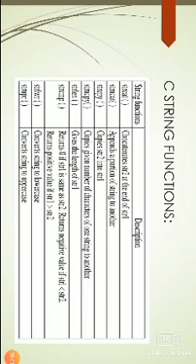If it returns a negative value, string 1 is less than string 2. It returns a positive value if string 1 is greater than string 2. So in string compare there are three values, that is 0, a negative value and a positive value. Next one is strlwr, which converts a string to lowercase. Next one is strupr, which converts a string to uppercase.